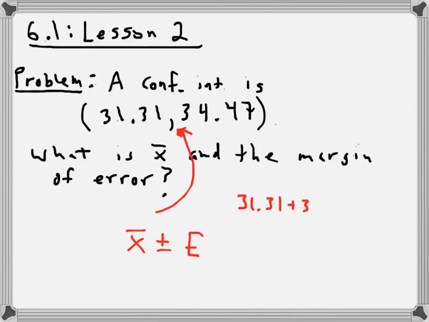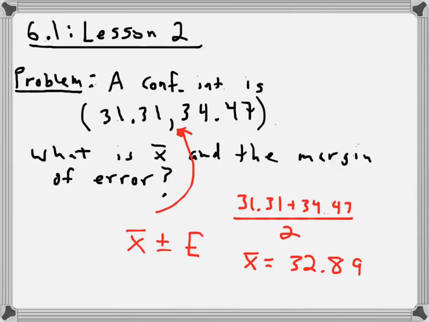It's just the average of these two. So I can add these together and divide by 2. And now that is going to give me the mean. Hopefully you're putting this on your calculator like I am right now. And I got the midpoint there, which has to be my mean, at 32.89.